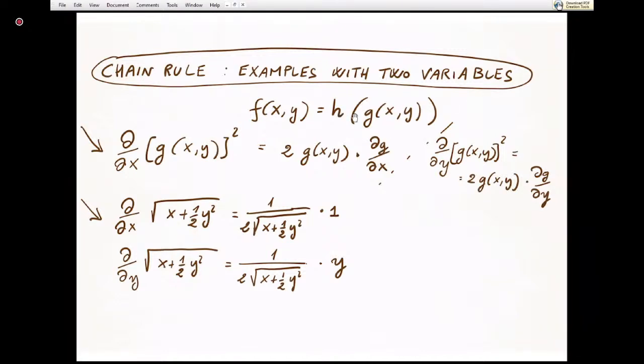Look at g of xy, a two-variable function, where both x and y depend themselves on a unique variable. So both x and y are themselves functions of one variable. One typical example is when I have x, which is x of t.